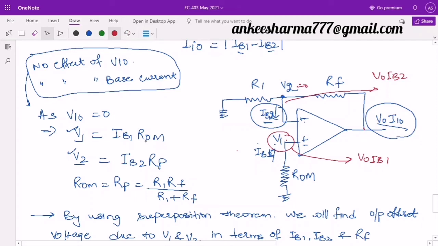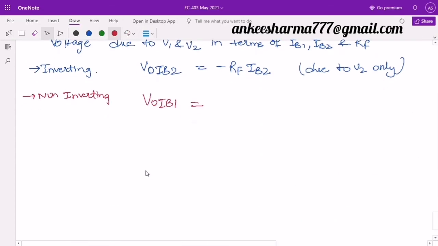It means VOIB1 is equal to 1 plus RF by R1 into my input. What is my input here? The input here is V1. So I can write it is equal to V1 into 1 plus RF by R1.